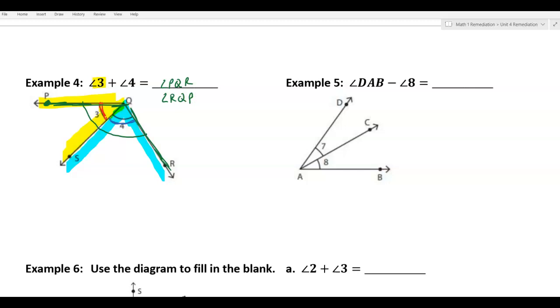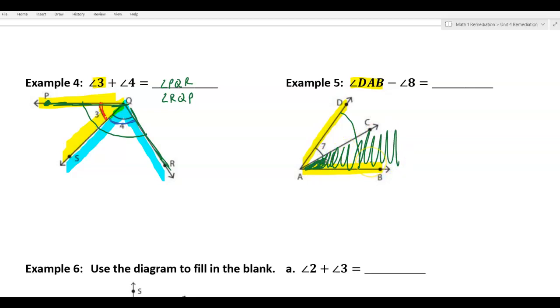Next, what happens now if we look to subtract? Such as, if I have angle DAB, that's the big angle there. Then what happens if I go ahead and subtract angle 8, which is this angle here? If I take this big angle and I subtract this angle, what angle do I have left?